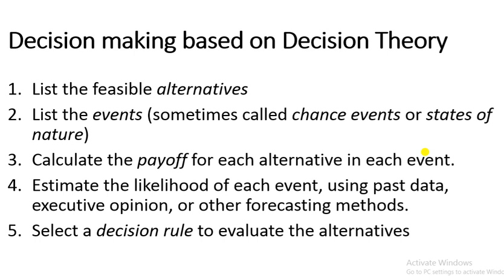Here we are talking about decision theory, and in decision theory, in the next lecture, we will talk about different scenarios: what the operation manager will do if he has definite information about the future, or what he will do if he doesn't have definite information, or in case of uncertainty, or what the operation manager can do in the situation of risk.